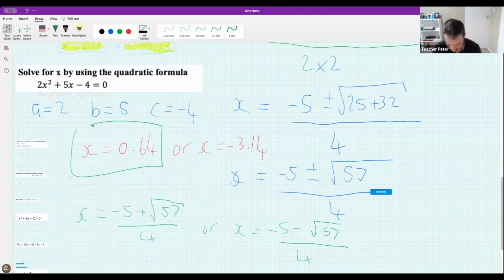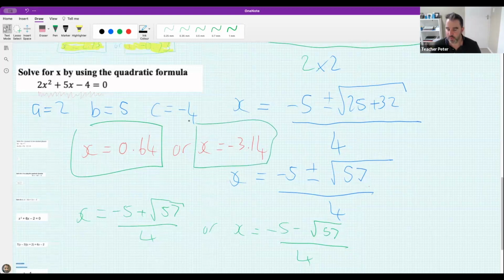And then on the other side, I have -5 minus square root 57, divided by 4, and I get -3.14. So that's perfect.